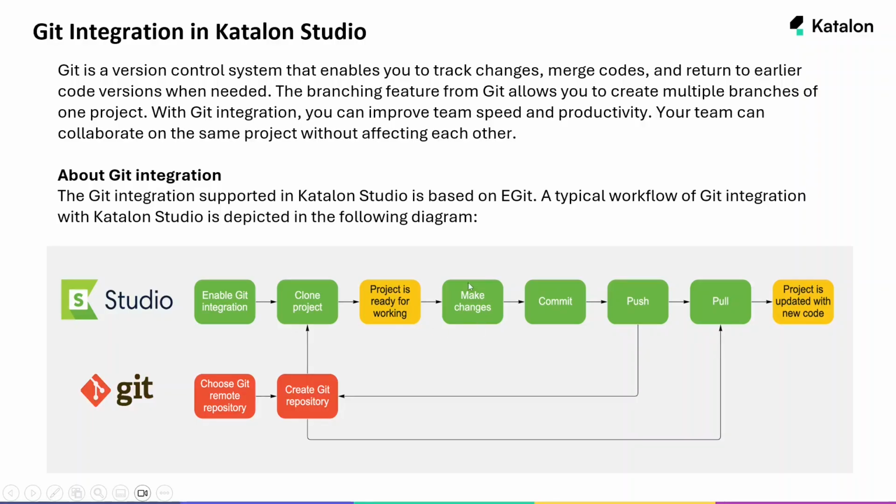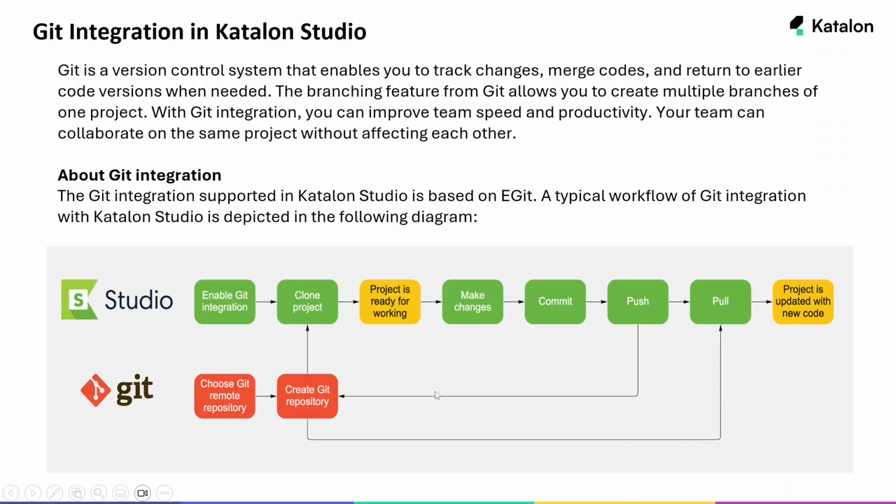Once you complete automating your test cases, or once you complete making changes to your Katalon Studio scripts, you can commit them to the staging area and then push those changes to your Git remote repository.